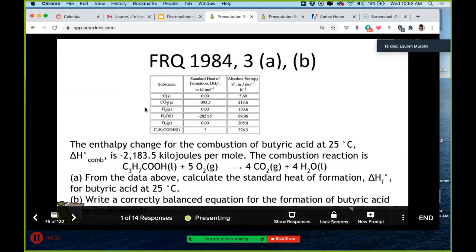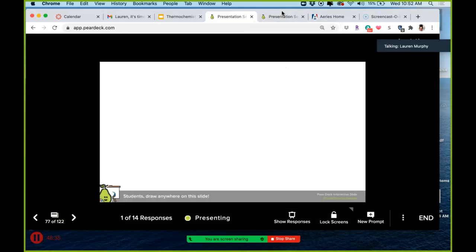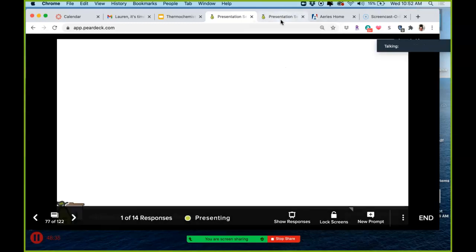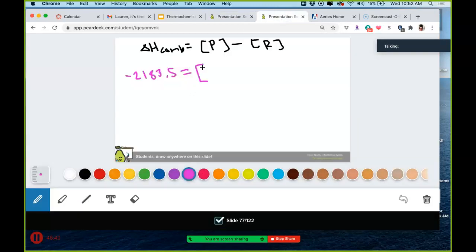So you go up to this chart where they give you a bunch of enthalpy of formations. So 4 carbon dioxide, so it's 4 times negative 393.5. Plus, I have another product. It's water, 4 waters.